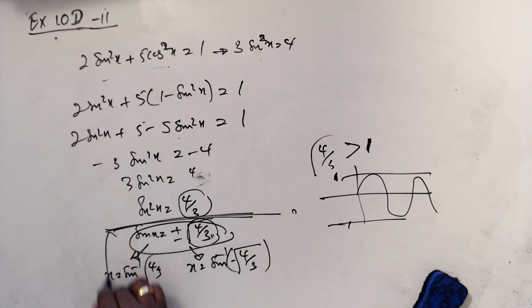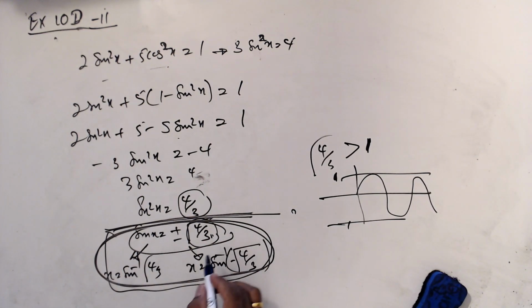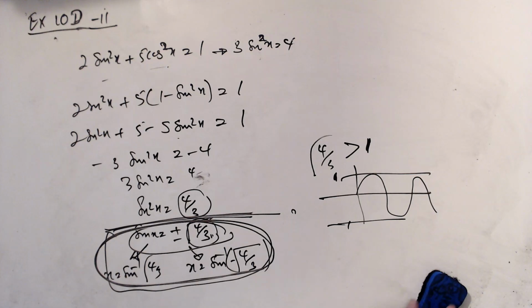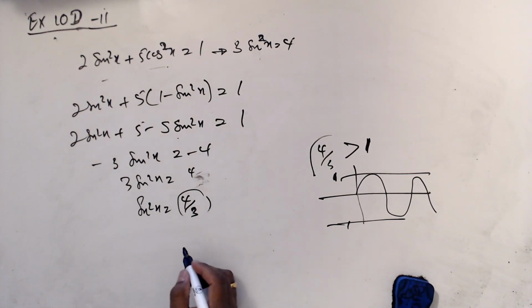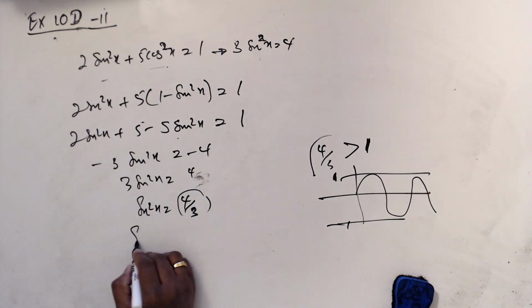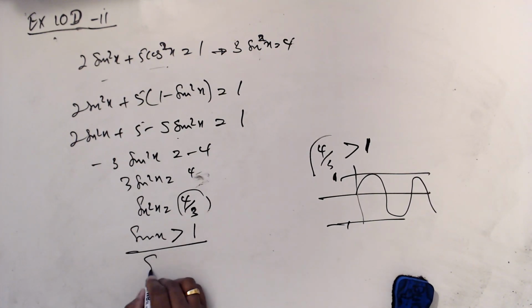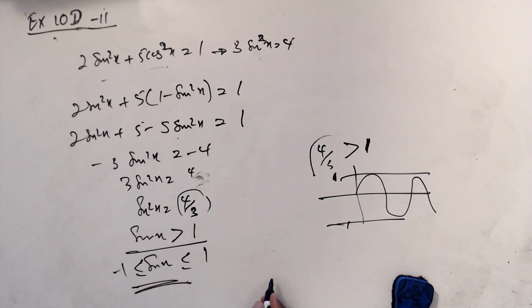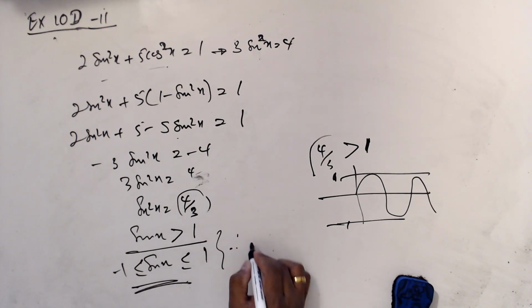This is a good catch, because if you try to find sine inverse square root 4 over 3, you can't find it. You will get a math error in the computer. So there are no solutions, as sine x greater than 1. Sine x should be minus 1 to 1. Hence no solution.